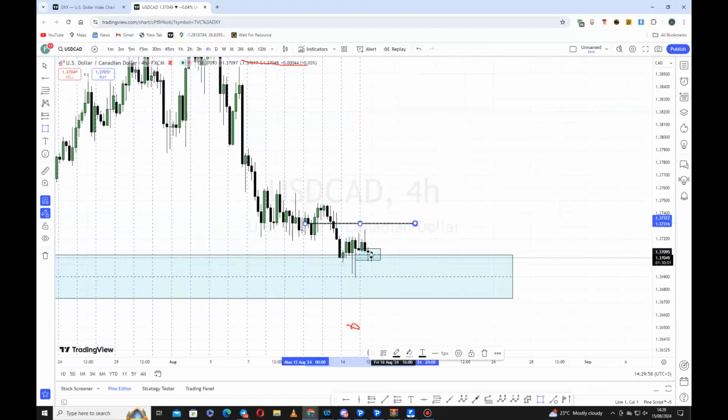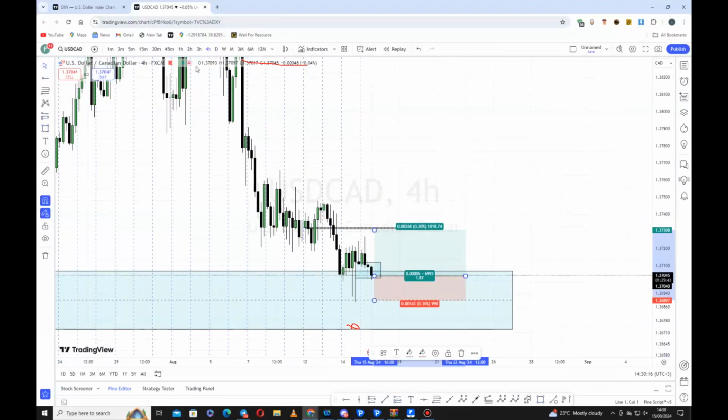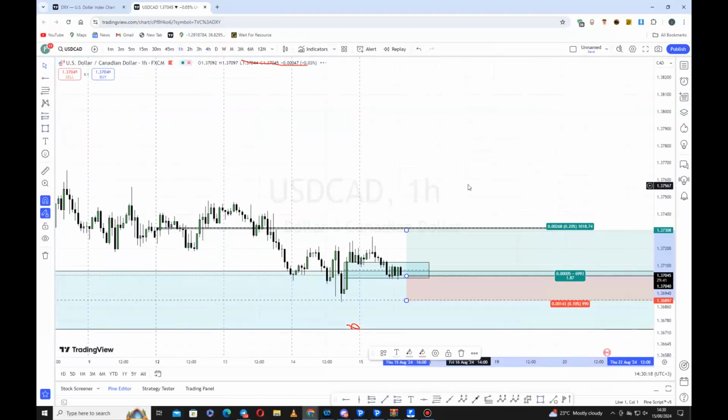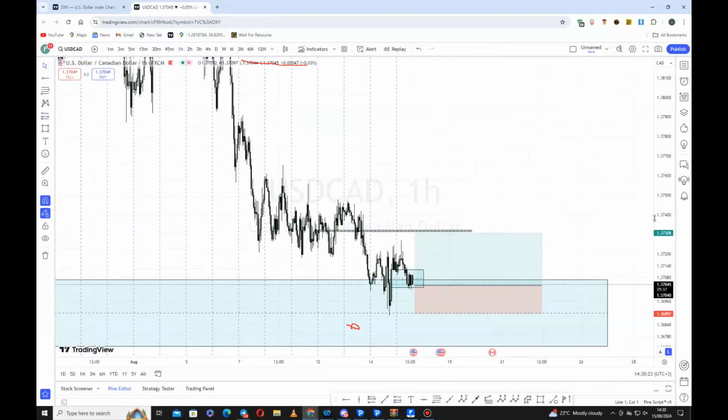So I'm thinking probably target 2, maybe somewhere there, will be a great setup as our day trading scenario. So anyway, let's see.